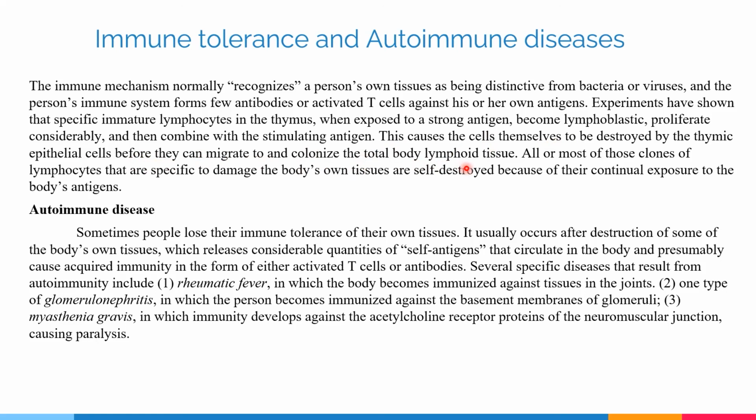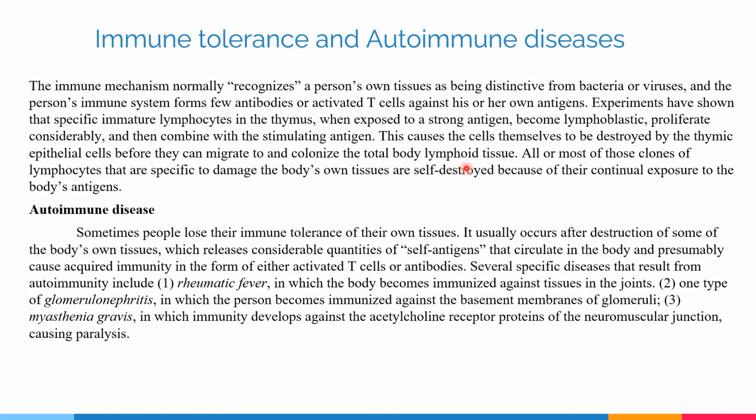Thus, if while the particular immature lymphocyte was maturing it encounters a self antigen, it will start proliferating and produce antibodies and activated T cells against that self antigen.